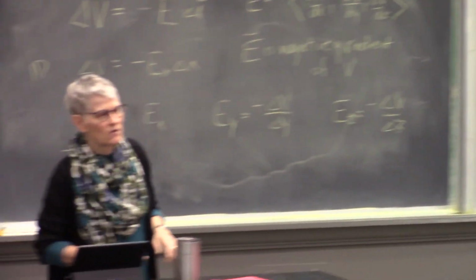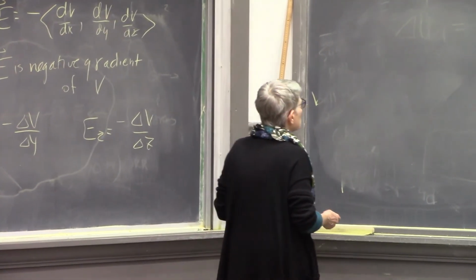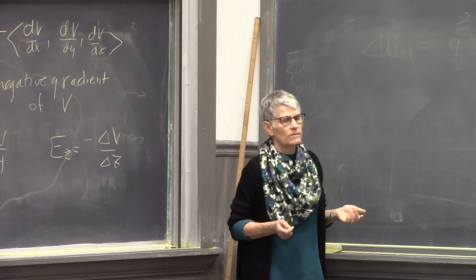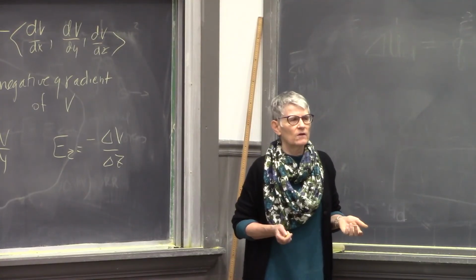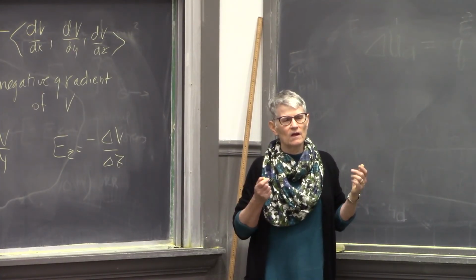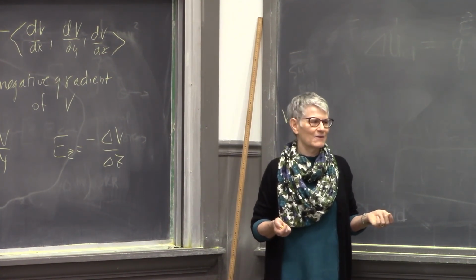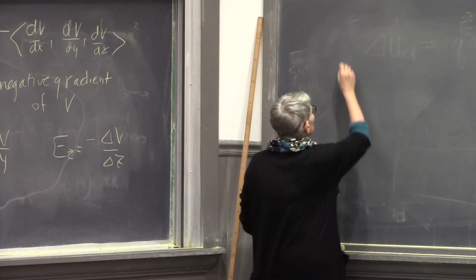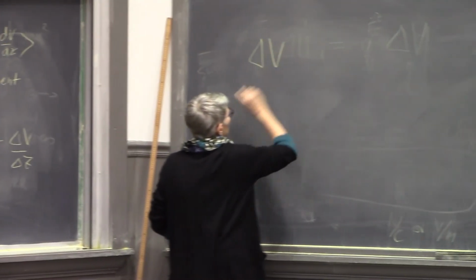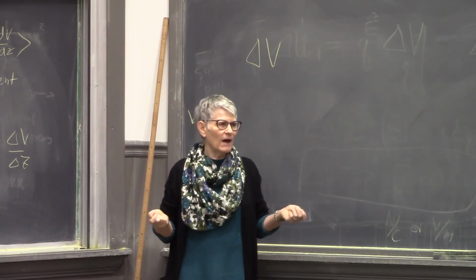Now I want to make a point about notation and path directions. This is something that it's easy to get wrong if you don't pay attention, and that inevitably gives you the wrong sign of something. So we have potential. For a potential difference you need two things: you need an electric field and you need a path.